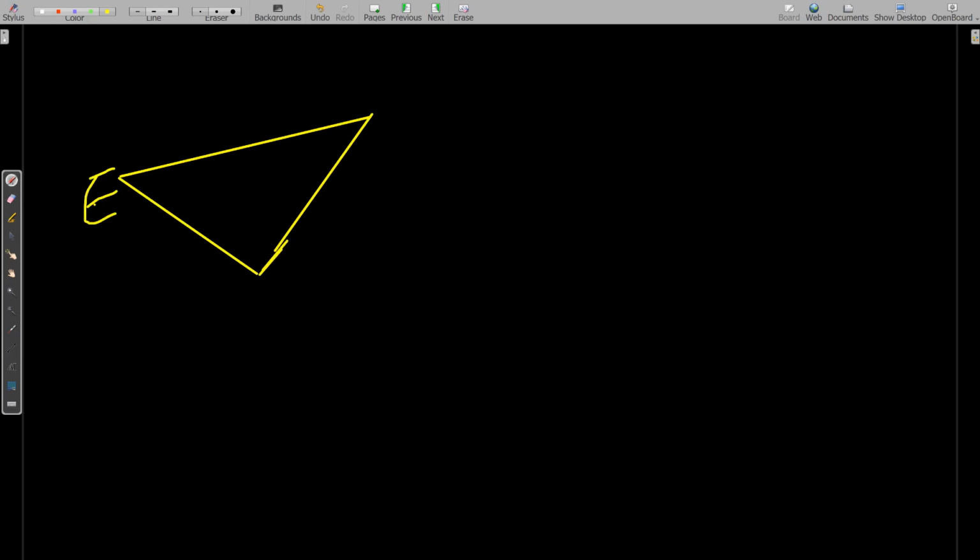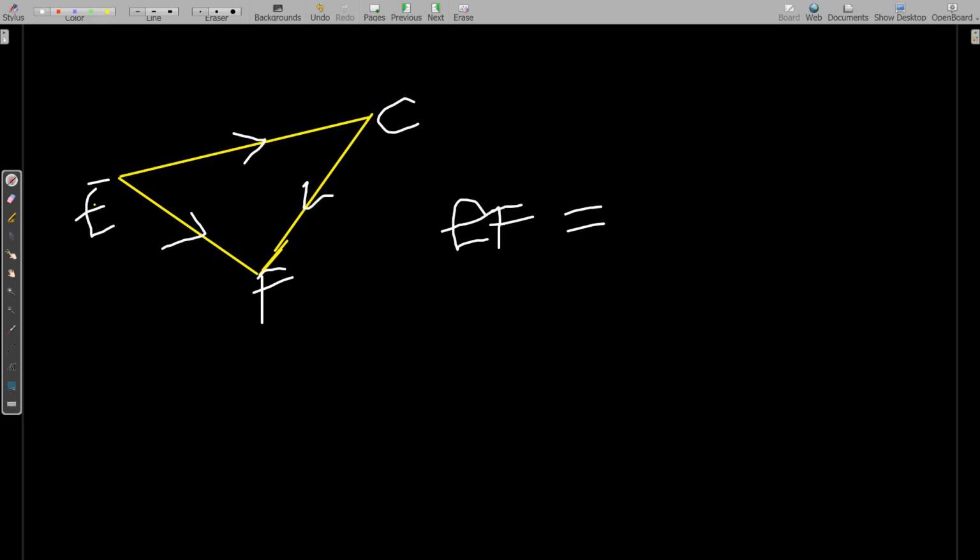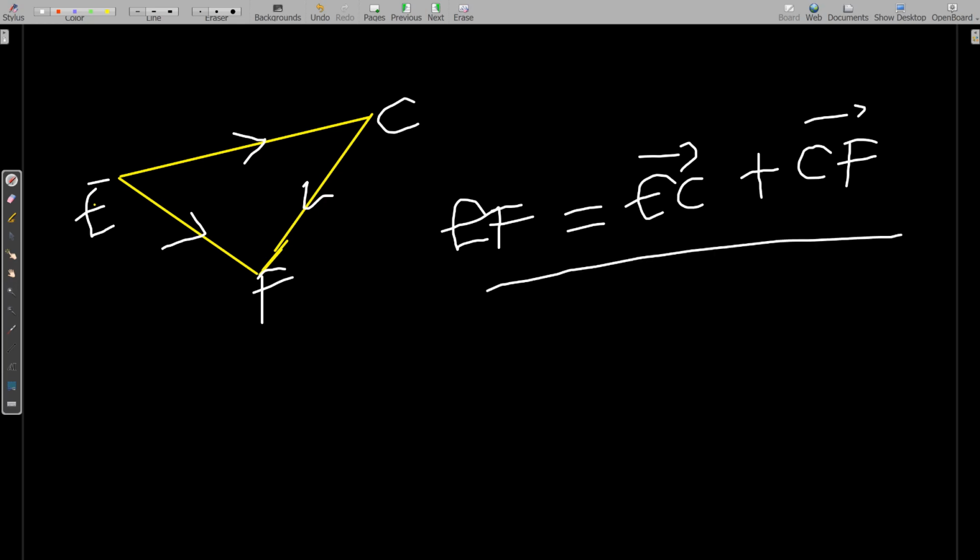This is my E, this is my F, this is my C. So it looks like this, and then EF is still the same as this. EF is equal to EC plus CF, right? I hope you understand this. Now this is also another equation we should keep.